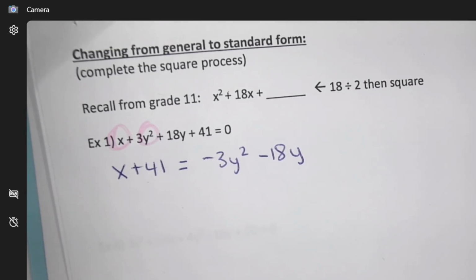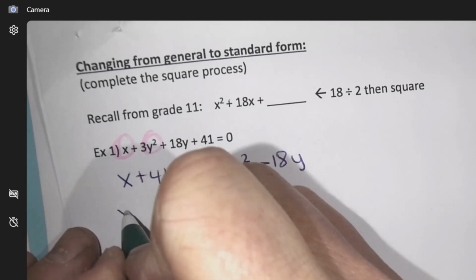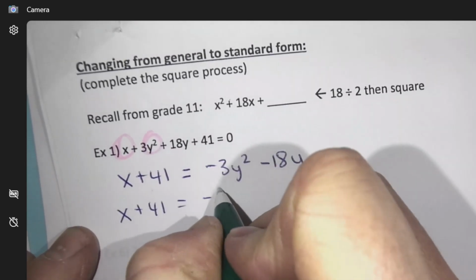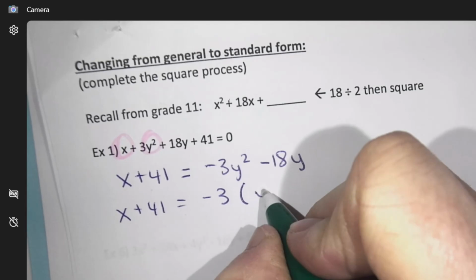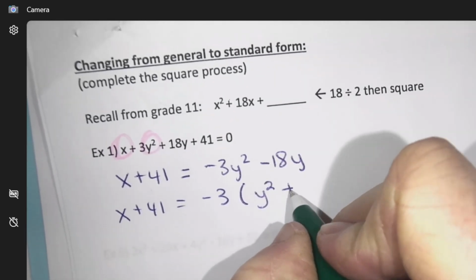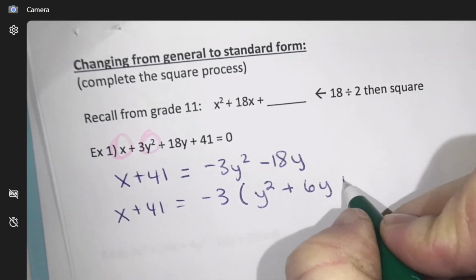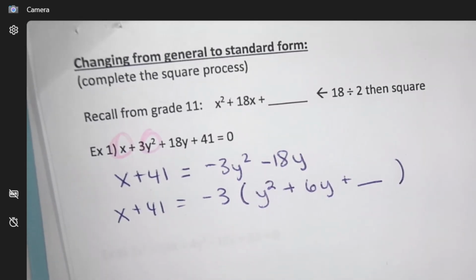Okay, now I'm going to GCF the negative 3 out. So y squared plus 6y plus blank.